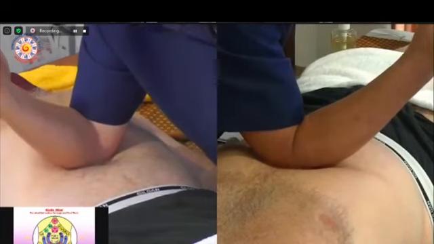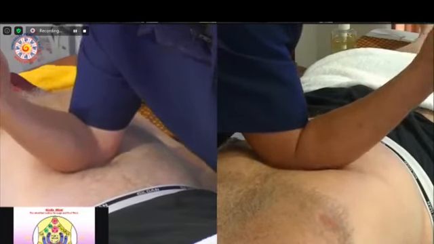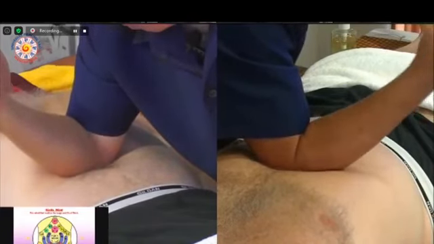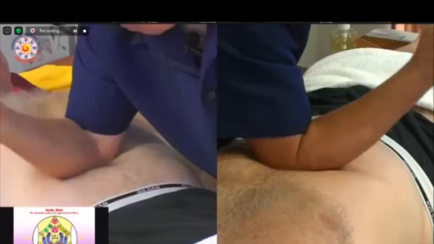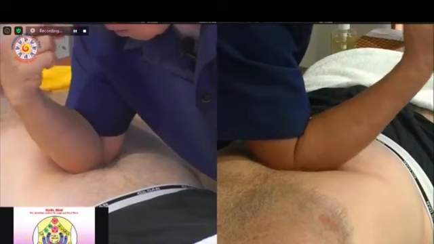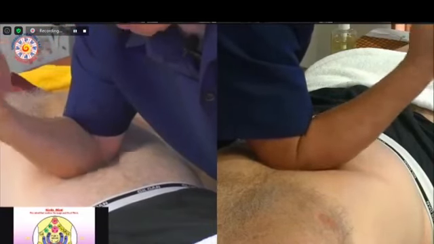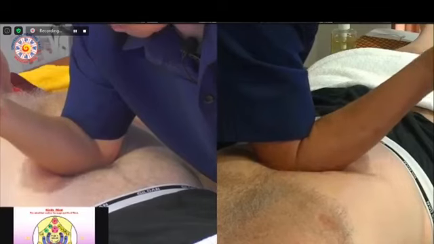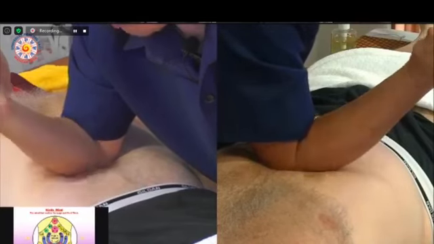That is the return blood to the heart. This area is always important because when you work on this return blood, the blood can go back to the heart faster.